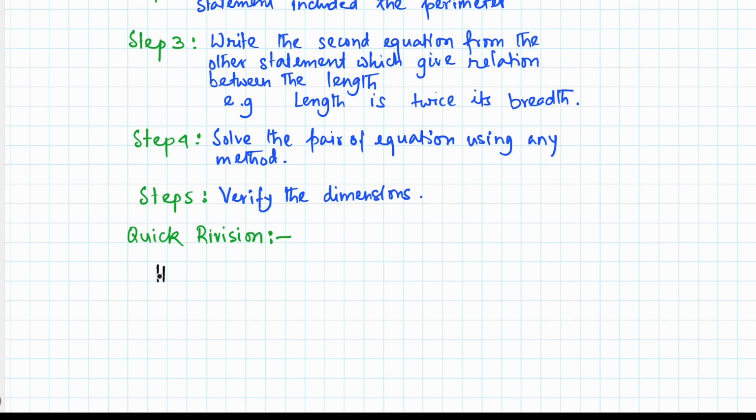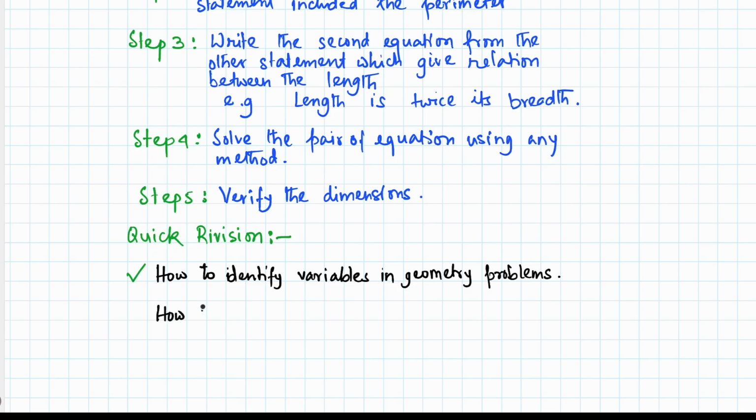Now, quick revision. What we have learned so far: how to identify the variables in a geometry problem, that is one important thing. The second important thing is how to use the perimeter formula to form the linear equations.